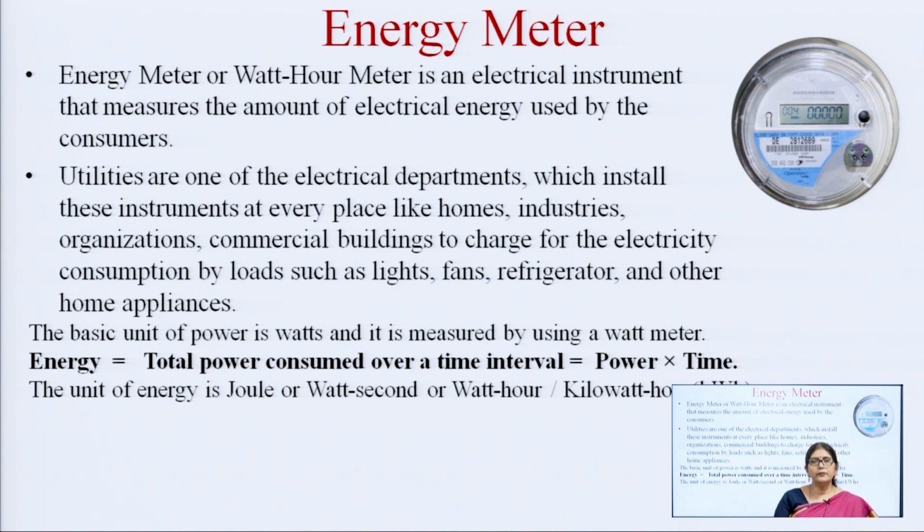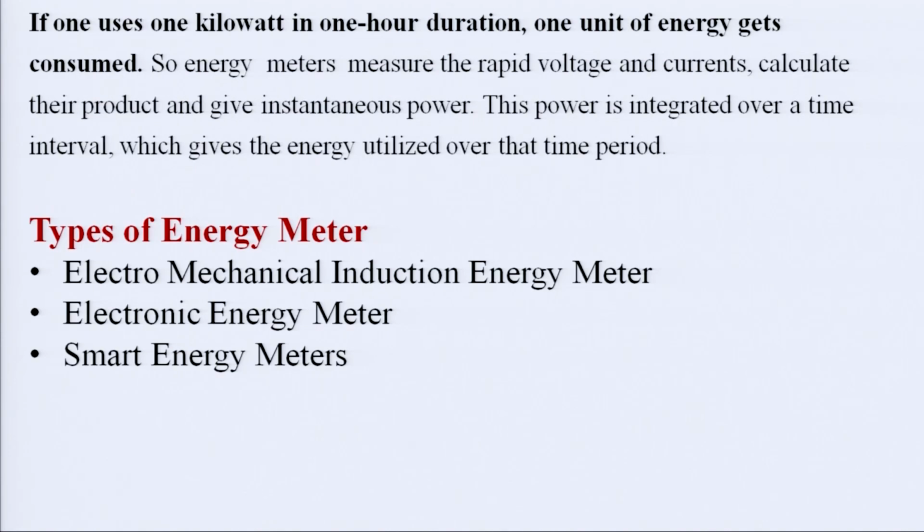The energy meter's unit is watt-second and watt-hour, but generally when measuring energy at a home or industry, we measure it in kilowatt-hours, because the consumption is in the range of kilowatts.